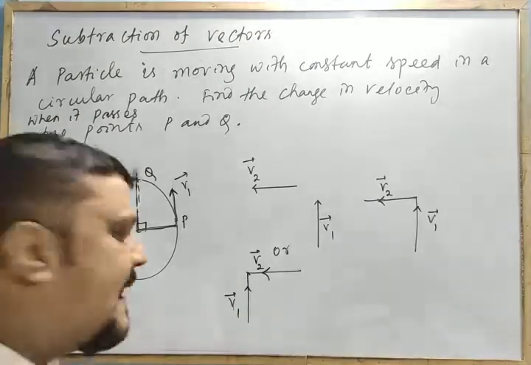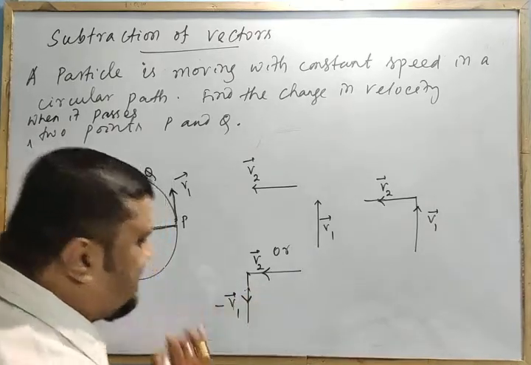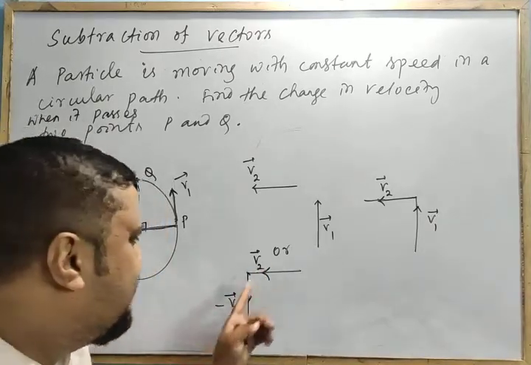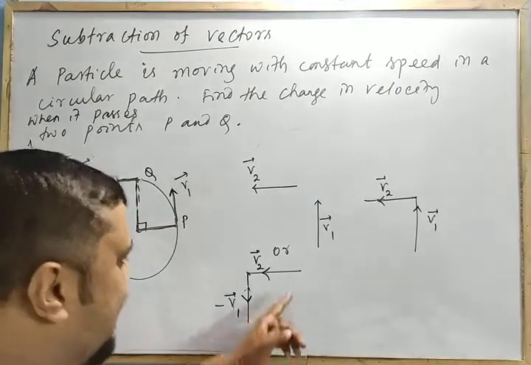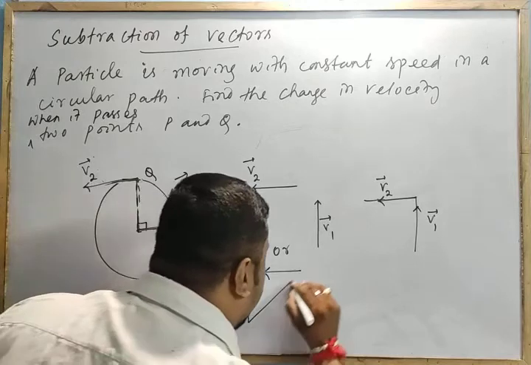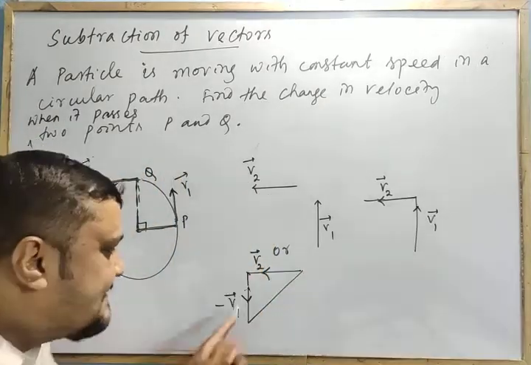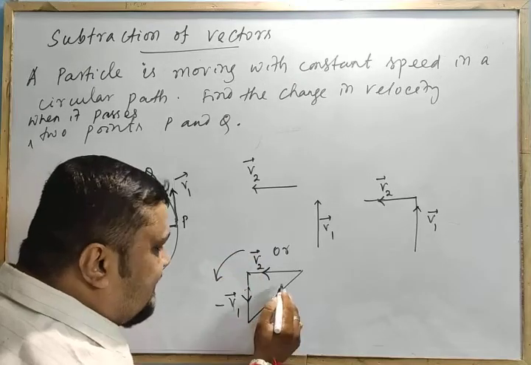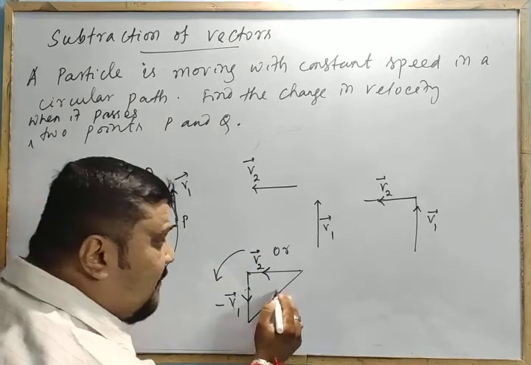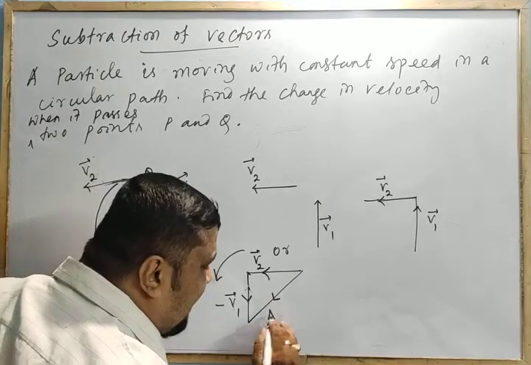How will I make this minus V1? If I reverse the direction like this, this is minus V1. This becomes V2 minus V1. Then they are in the same order of a triangle. Let me close the triangle. What is the resultant? In the same order they are coming like this, so the resultant will be in the opposite order. This is the resultant R.